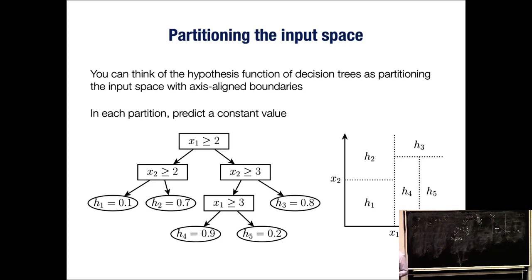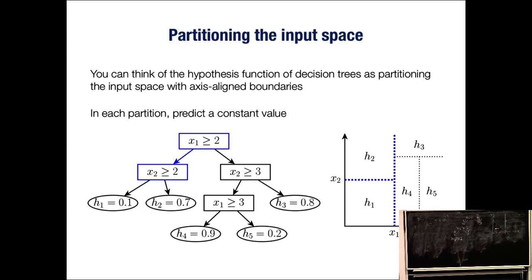So a way to think about it is sort of as a picture like this, where the decision tree recursively partitions the space into multiple different regions. So for instance, this first node corresponds to this line in the space here that says everything that is above, say, 2, falls into one category. Everything below 2 falls in another category. If we follow down the first branch in that tree, then the left branch corresponds to this slice in the space.